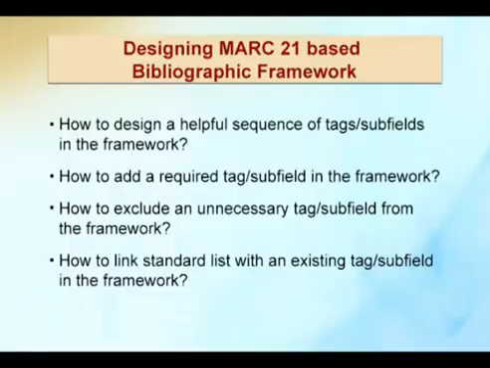So, first we need to design the framework in such a way that it becomes helpful for the cataloger. That means all 1XX tags should be available in a single tab, tab 1. All 2XX fields should be associated and available on the screen by clicking tab 2. In this way we can design a helpful sequence of tags and fields.